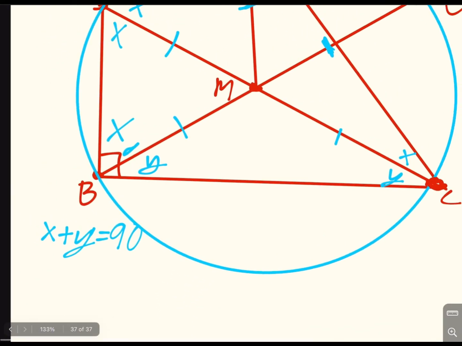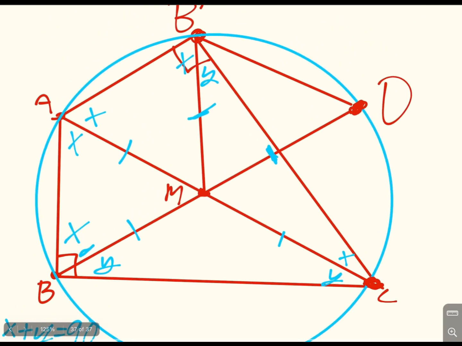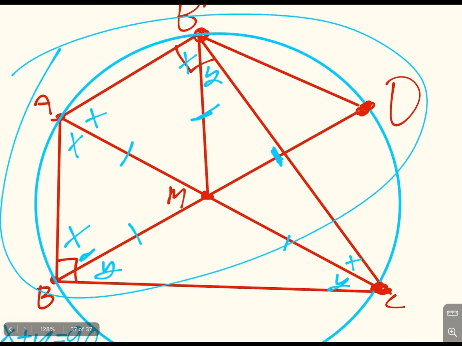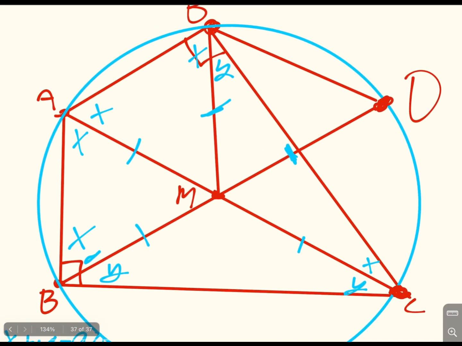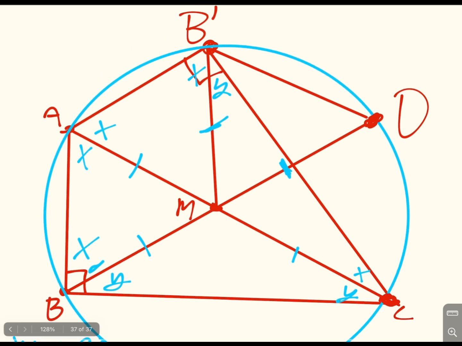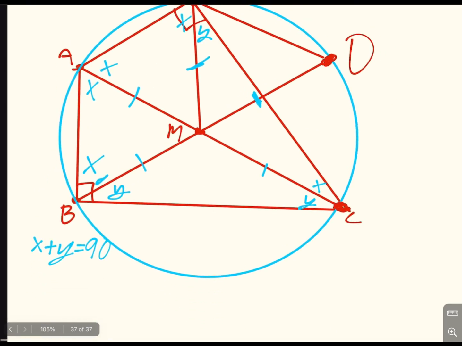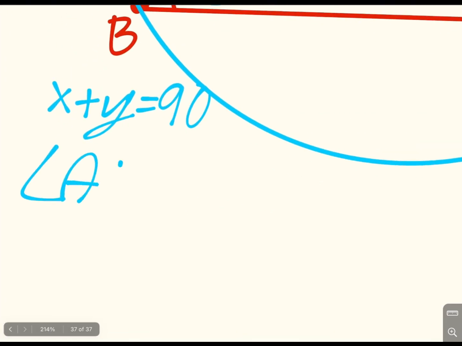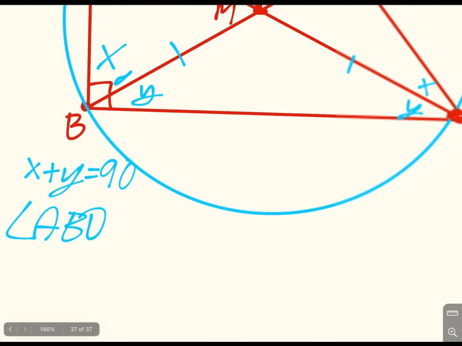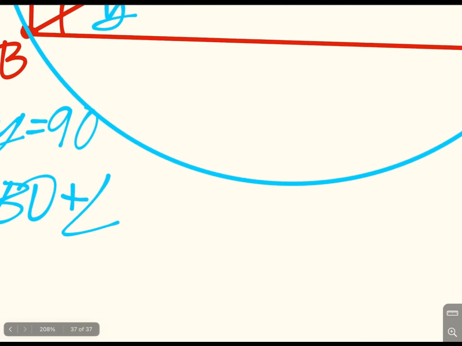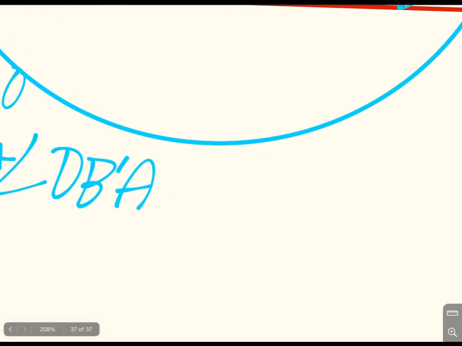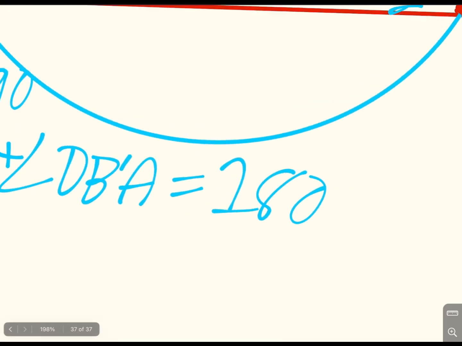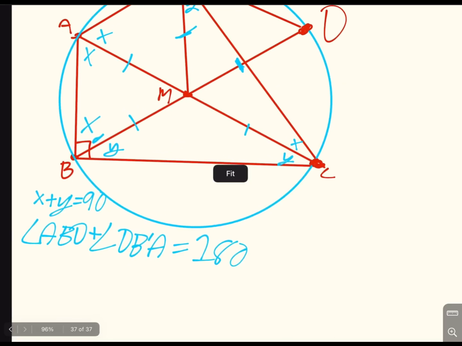So since x plus y is equal to 90, and this is cyclic, by definition angle ABD must be supplementary to angle AB prime D. So now we know that angle ABD plus angle DB prime A is going to be equal to 180, and then we can do substitution here, right?